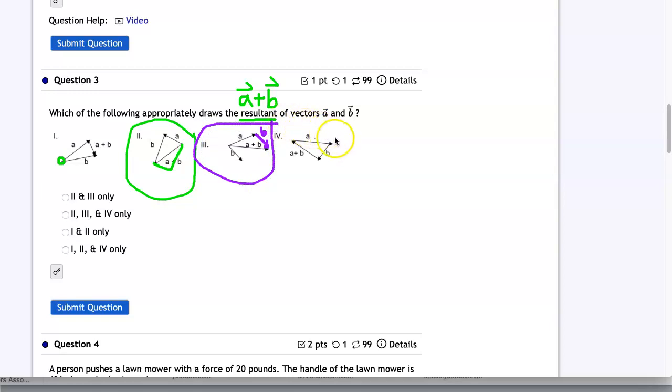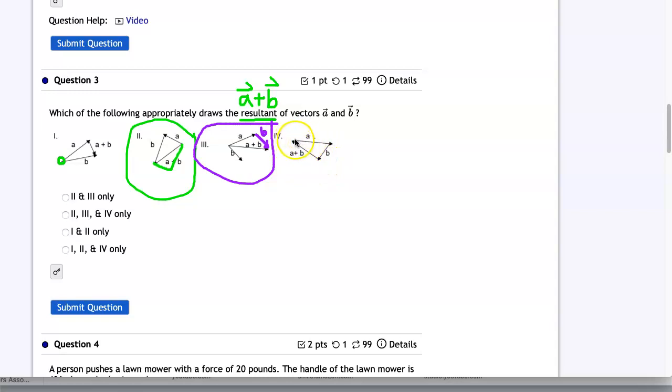And then lastly, here we have A and B added together, but this is a problem because the resultant vector is not going the correct direction. Look at this, it's going the totally wrong direction.